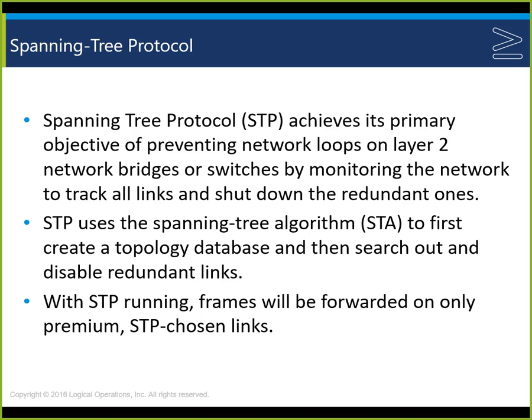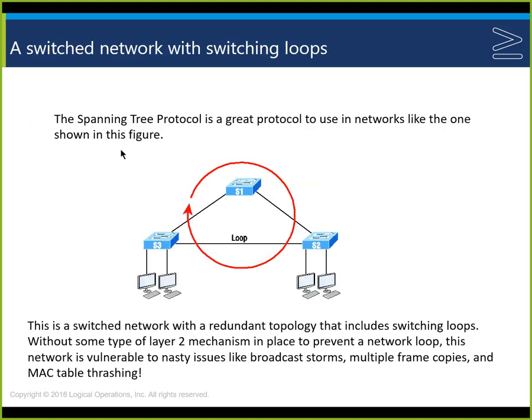With spanning tree running, the frames will only be forwarded out on the STP chosen links. Those are the ones that are going to go someplace, the ones that are not redundant links. The switching loop we just looked at. It's a great protocol to use in networks like the one shown below, or like a lot of different networks.